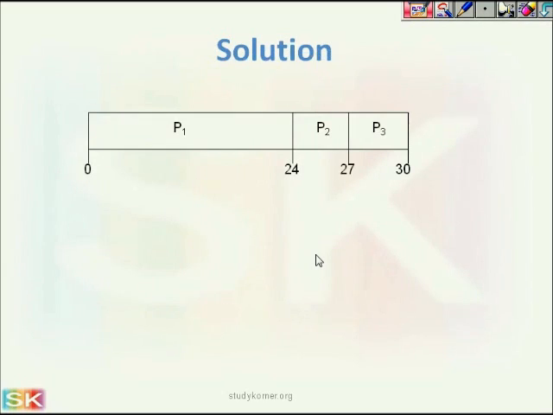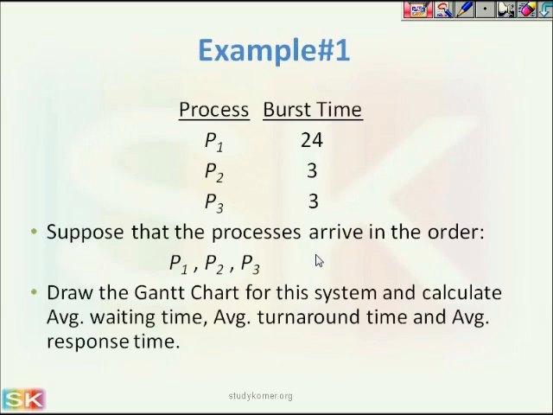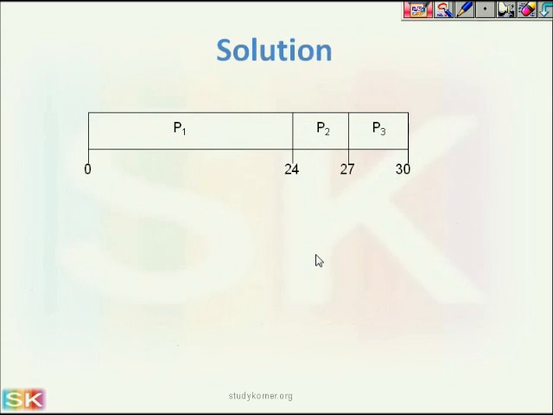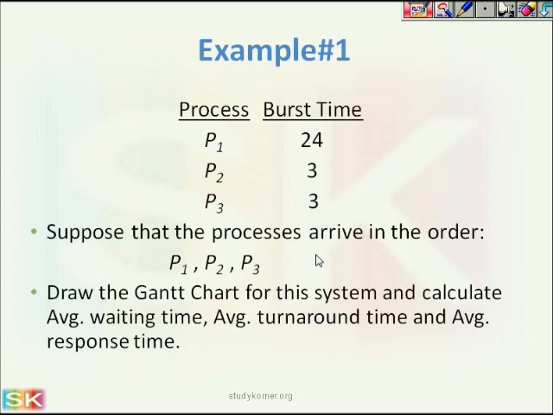So this can be the Gantt chart of the system. P1 has arrived first at time 0, and its burst time, meaning the CPU time, is 24. So P1 will be finished at the 24th second. Then P2 arrives, and P2's burst time is 3 seconds.